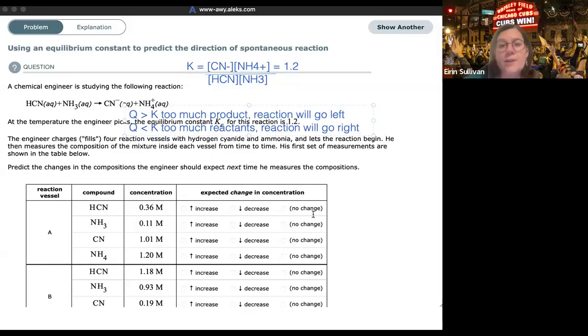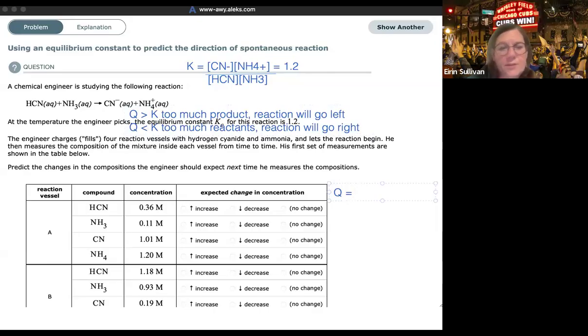Okay, so I guess we need to actually substitute some numbers in, and then we have to think about it in terms of which ones are reactants, which ones are products, and how their relative concentration will change. So let's just go ahead and work out. So for this one, this is a little naughty. We don't have charges on our ions. Naughty ALEKS.